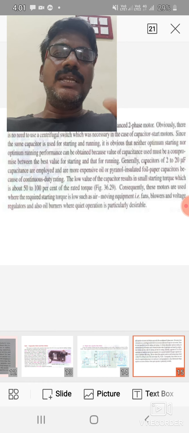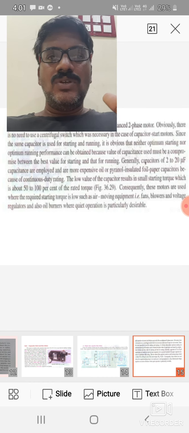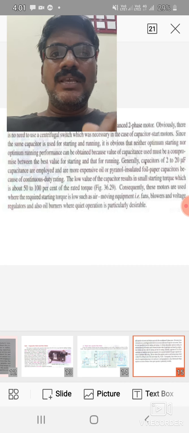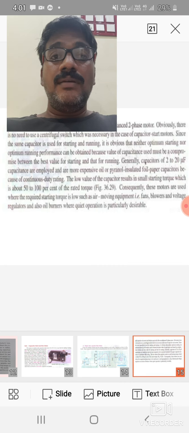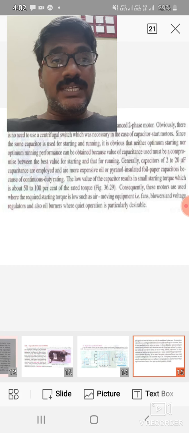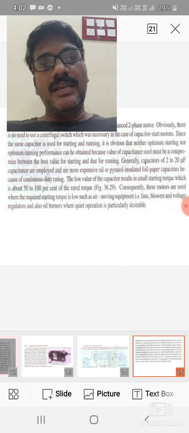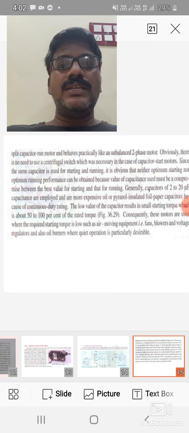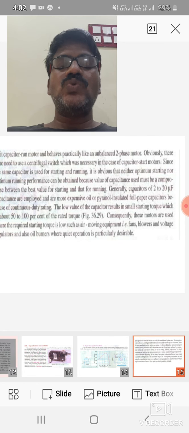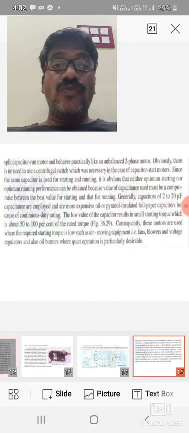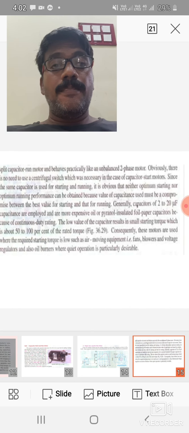After that, the starting winding is disconnected, so it is only a single winding, single phase. But here, the capacitor and winding are permanently connected in the running condition also. That's why it is called an unbalanced two-phase motor.